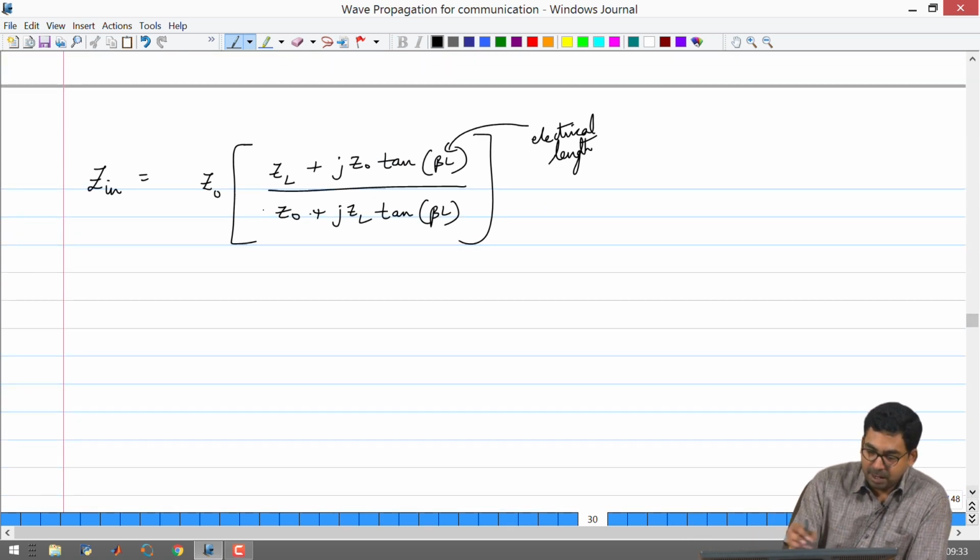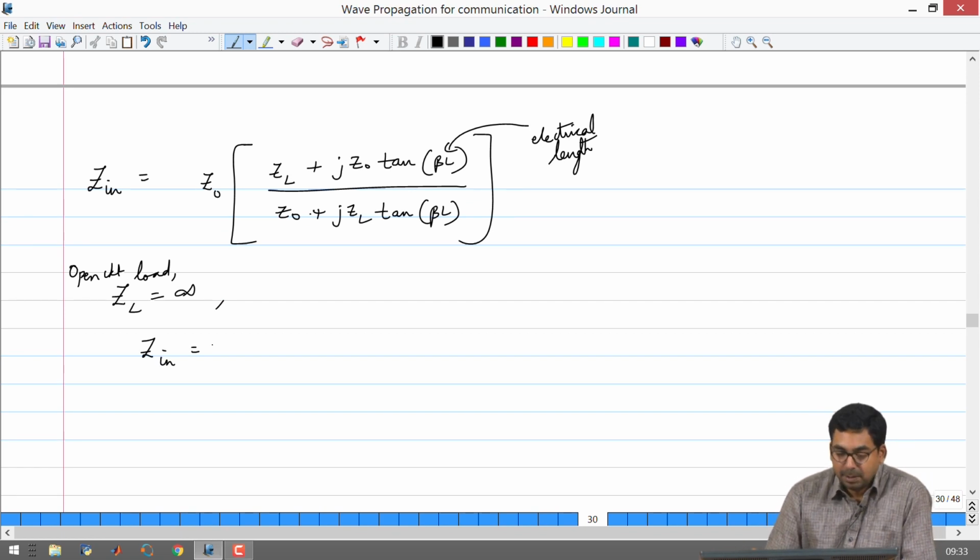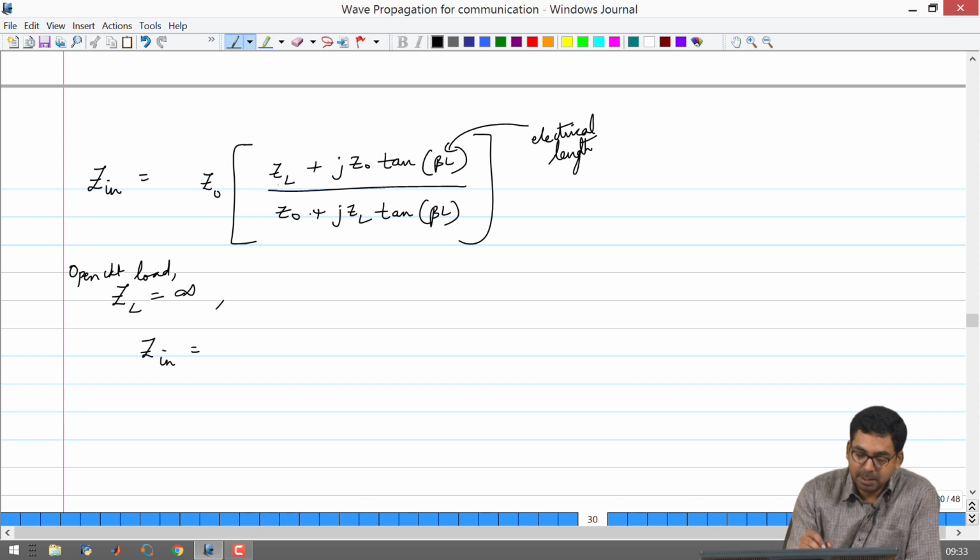And we started our original derivations for the case when the load impedance is infinity, or open circuit. So, here we can do the same thing, ZL equal to infinity. A common mistake people make is to substitute infinity plus something divided by Z naught plus infinity.